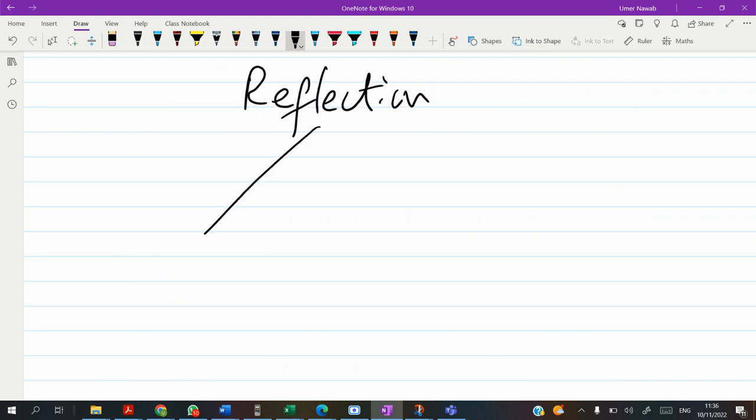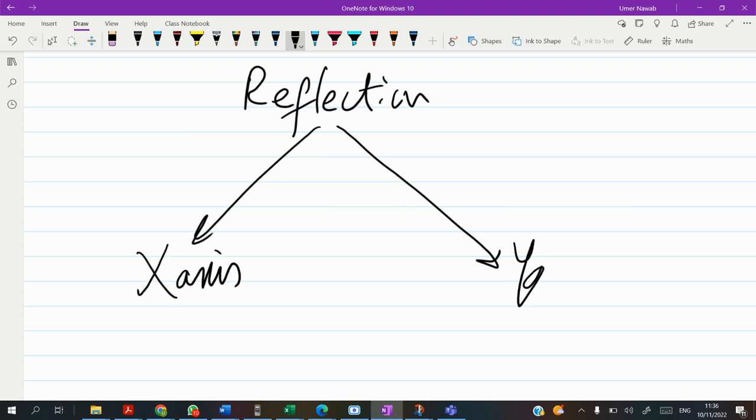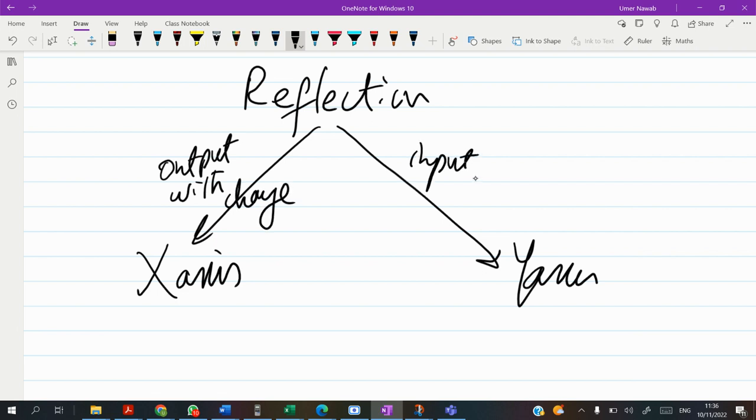Reflection. There are two types of reflection: x-axis or y-axis. In x-axis, output will change the sign. In y-axis, input will change the sign.